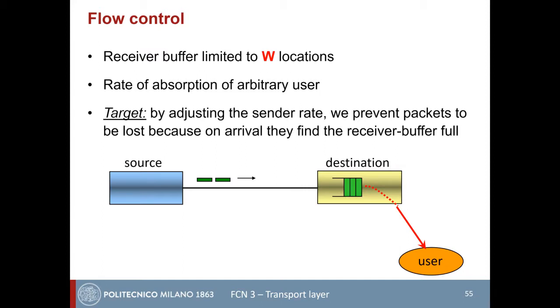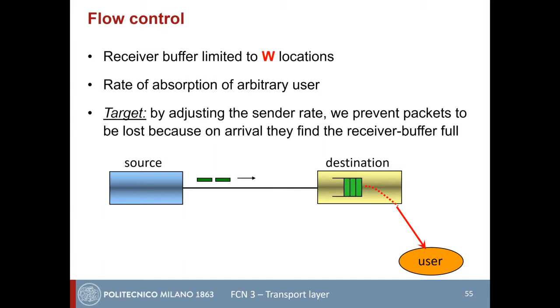Usually the destination is a host. Here you have applications. We have already said several times that applications take data from the socket, from the interface towards the network, in an asynchronous way, not necessarily as soon as data arrives. So if the applications are slow in reading this data, the buffer that is located here gets full, because the source is continuously sending information to the destination. This information is retrieved or cancelled from the buffer at a slower rate.